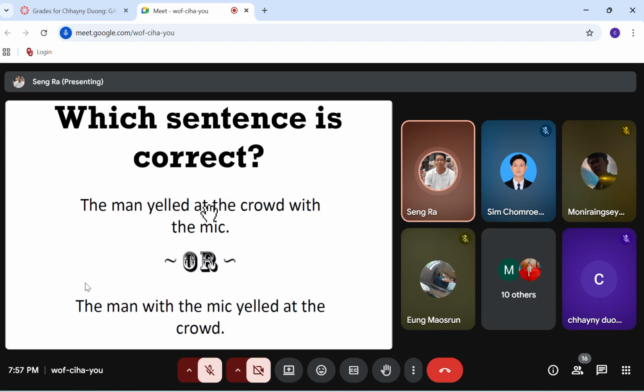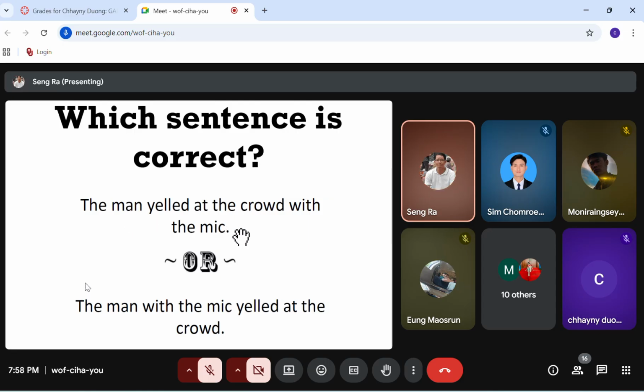If you put with the microphone after the crowd, it is supposed to modify the crowd, while you, the speaker, refer it to the man, not to the crowd. So this is very confusing.